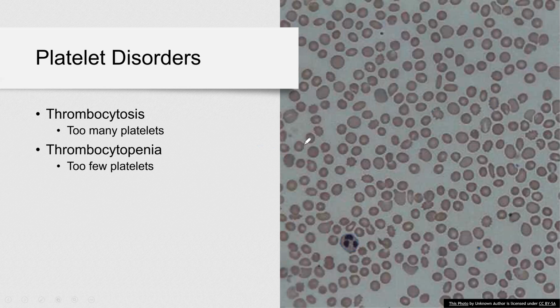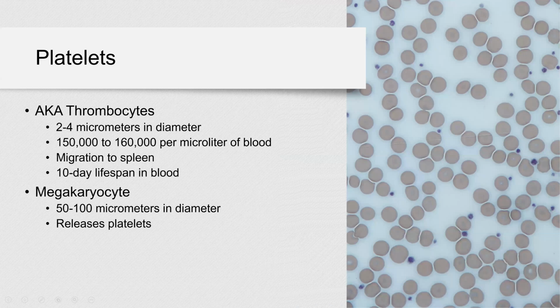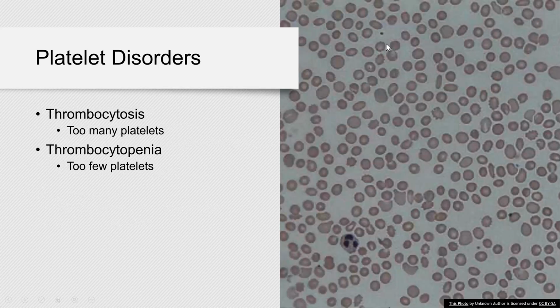So we have 5 million red blood cells, 5 to 10,000 white blood cells, and about 160,000 platelets, right? This is how a normal blood smear should look. You should see quite a number of platelets, but over here I hardly see maybe 1, maybe 2. I don't know, this might be a platelet as well.